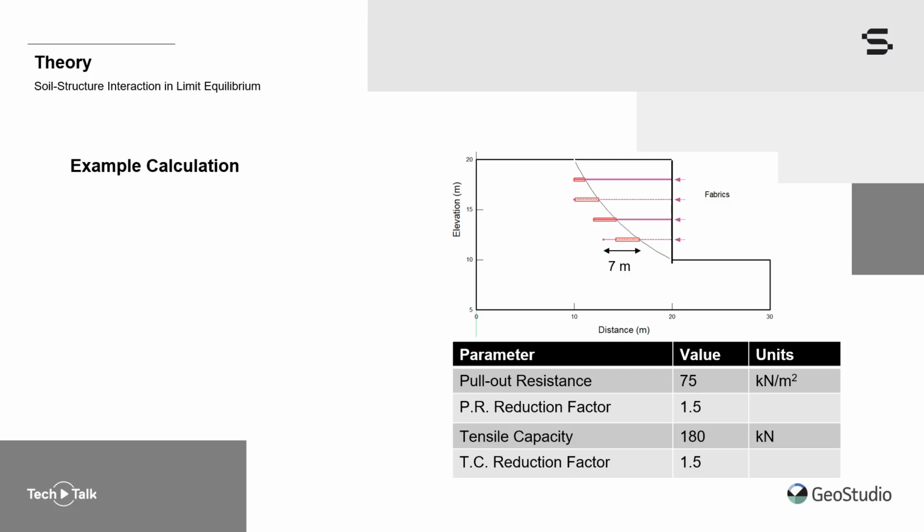We can now calculate the factored pullout resistance, FPR, which is the pullout resistance divided by the reduction factor, RF.